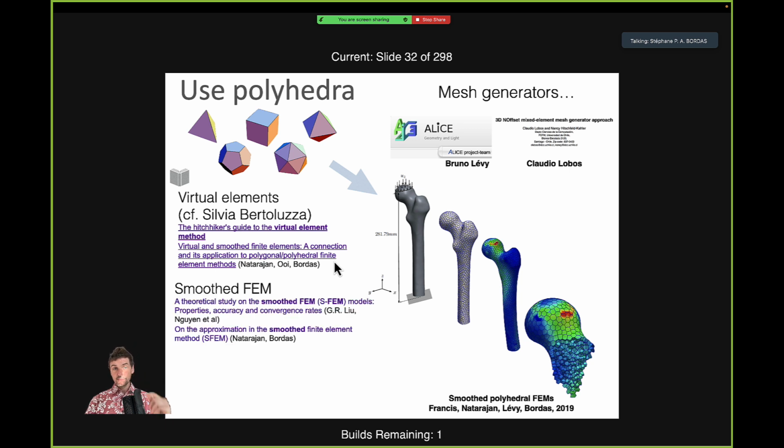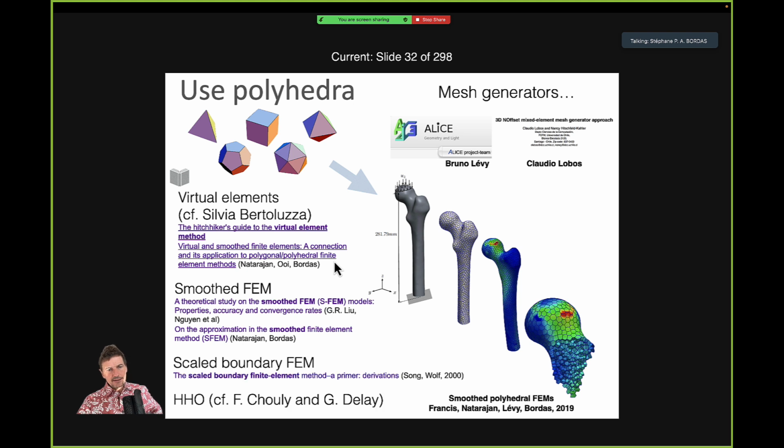We also worked on smooth finite elements, and you can read the details on this, in particular on the paper on the approximation in a smooth finite element method, because that actually gives a lot of details that are, I think, super important to understand. The basic idea of smooth finite elements, which I'm not talking about today, is to integrate over the boundary of the element in order to get rid of the Jacobian.